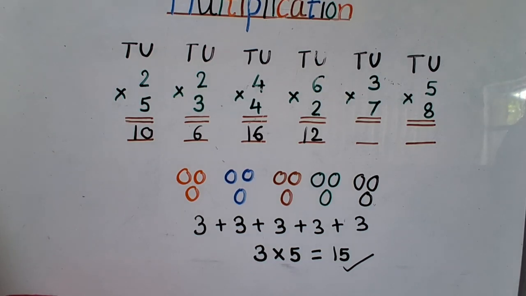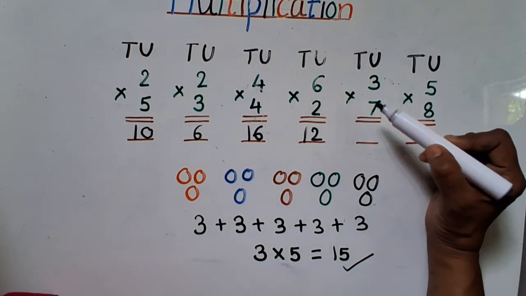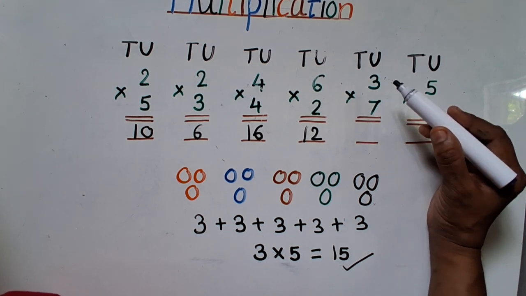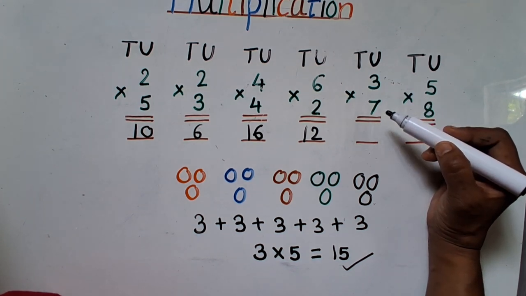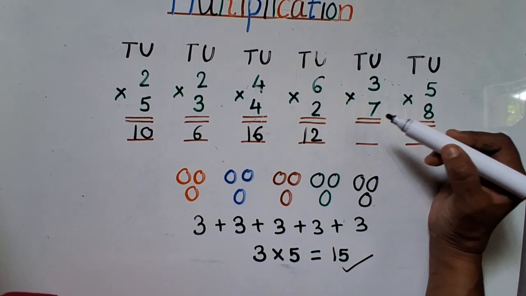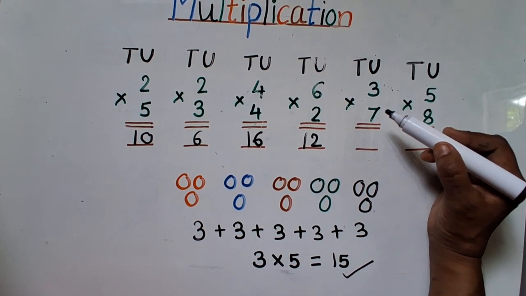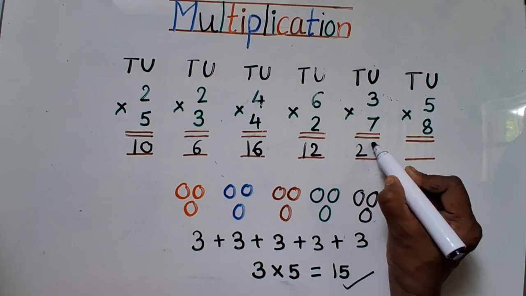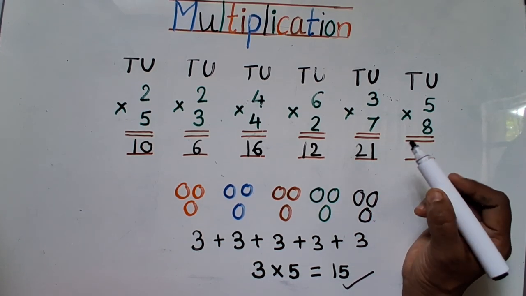Our fifth example is 3 multiplied by 7. So let's recite the table of 3 or 7. I am going to recite the table of 7. 7 ones are 7, 7 twos are 14, 7 threes are 21. Our answer is 21. Right?